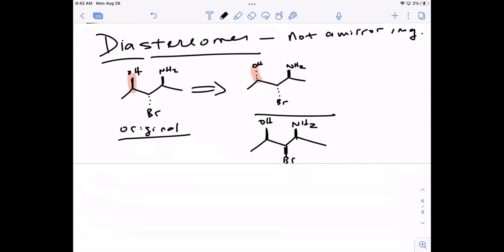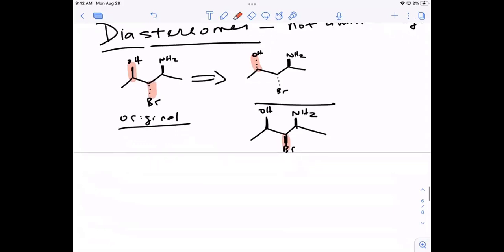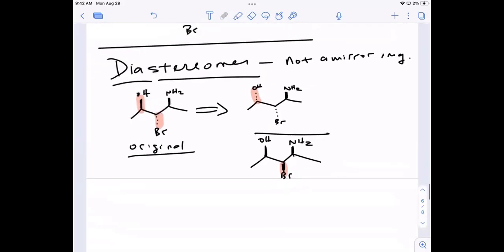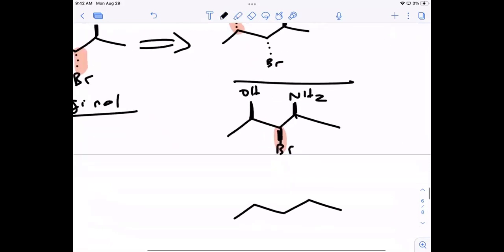You made everything on the wedge, like the bromine. So I changed the bromine. I changed this one now, right? I left the first one how it is. I changed the middle one. And then if I did that again, you can see where I'm going with this. It's kind of like I'm only going to change one at a time. So I'm going to leave this.